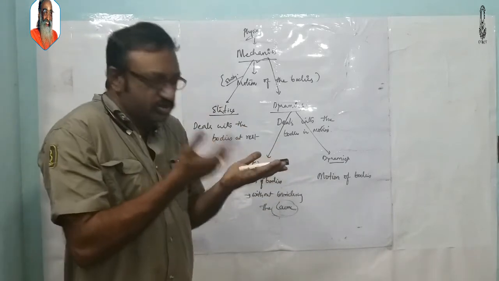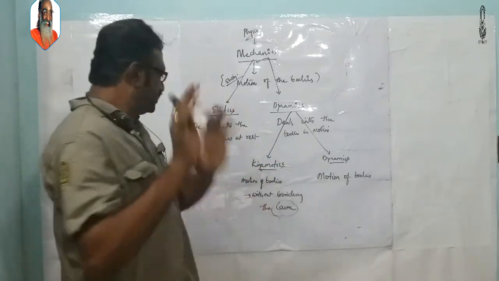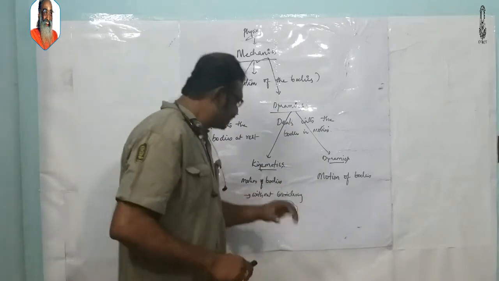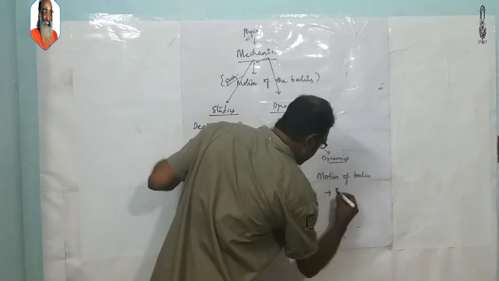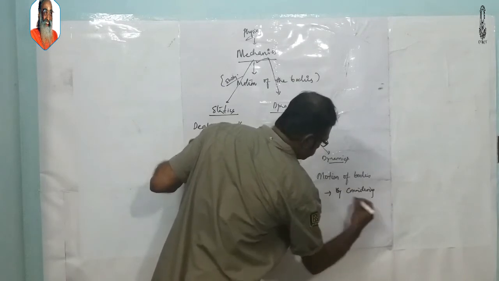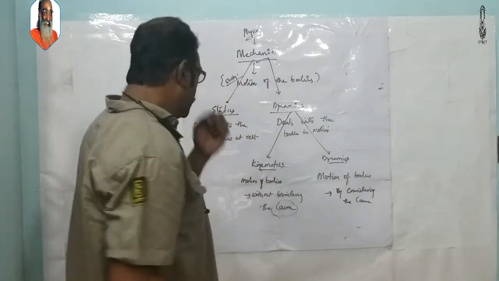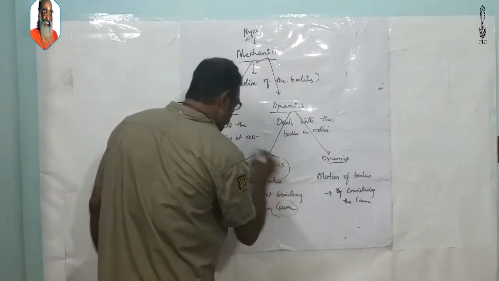Or else if we have to use some energy to drive some machines, we don't consider all those things here. We just look at the motion of the bodies, that's all, and we do not consider the cause. And dynamics, by considering the cause. And here we go with kinematics.